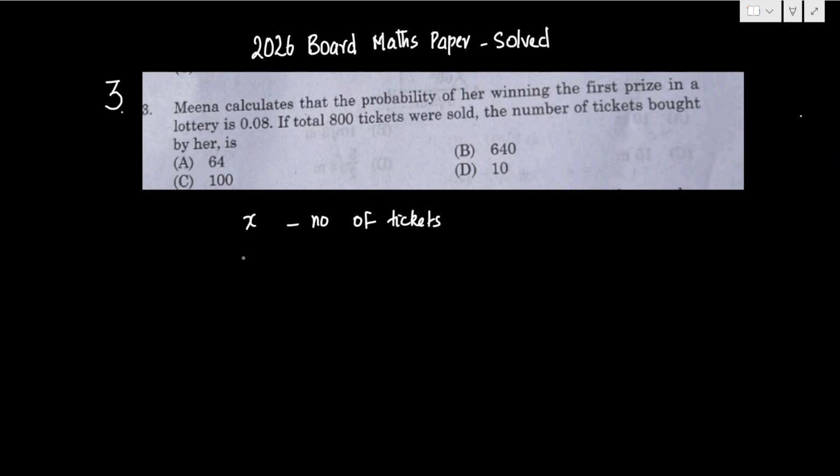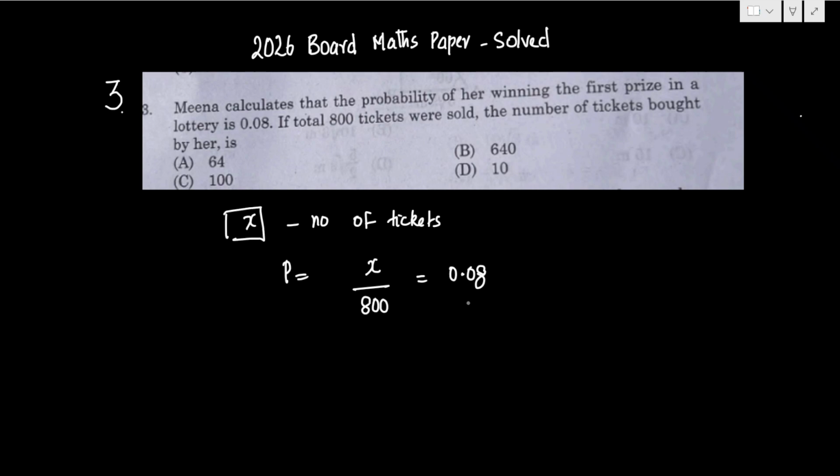So the probability of her winning the first prize is equal to the number of tickets she bought divided by the total number of tickets sold. Totally 800 tickets were sold. And the probability, the question says, is 0.08. What we need to find out is the number of tickets bought by Meena, which is X.